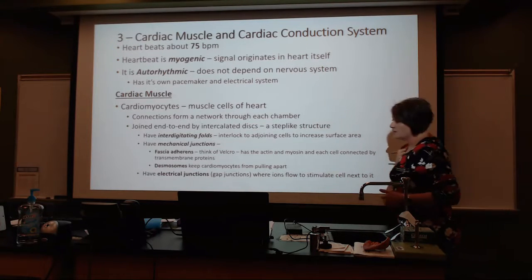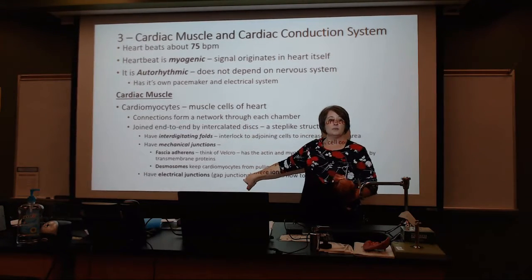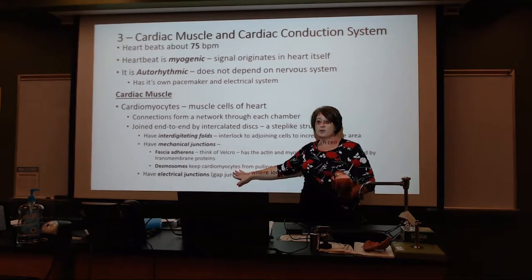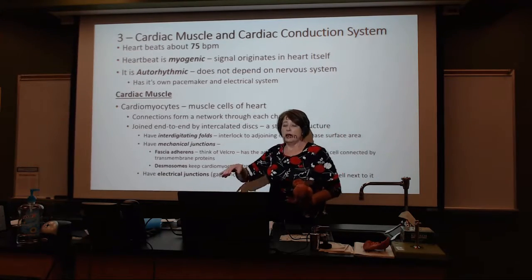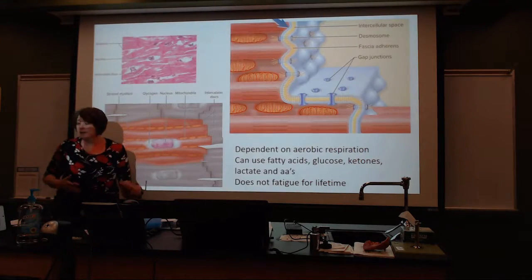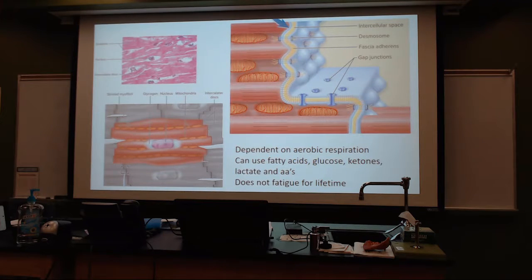So we kind of left off at the structure of these. One of the biggest ones, our electrical junctions, or the gap junctions, because once again, this is going to be muscle tissue. Therefore, we are going to be dependent on the movement of chemicals, i.e., my electrolytes.